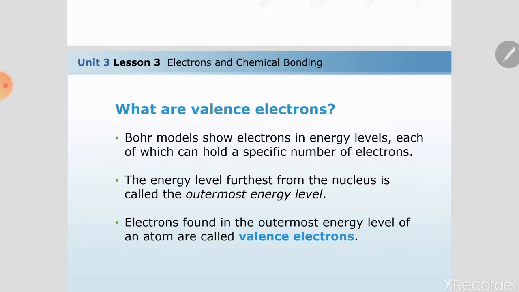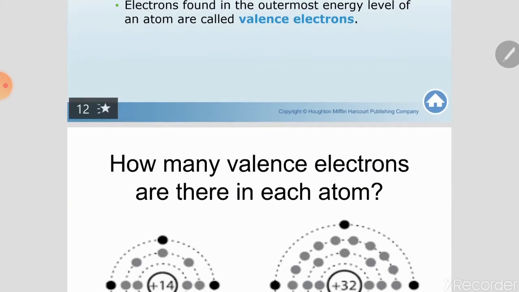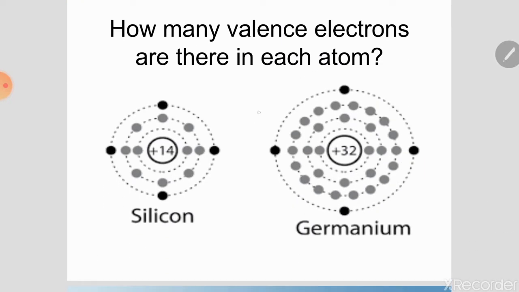We said all the elements in one group can have the same number of valence electrons. So remember with me, what are valence electrons? Valence electrons are the electrons that exist in the outermost energy level.